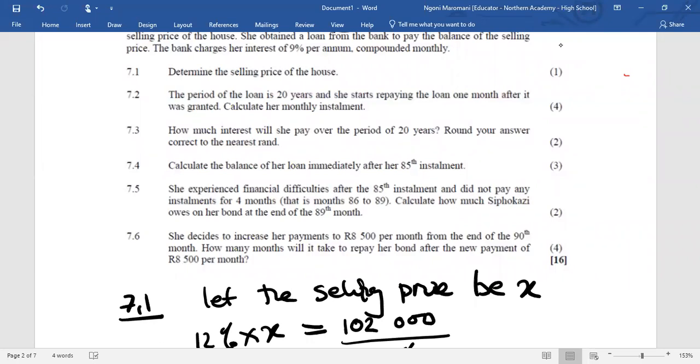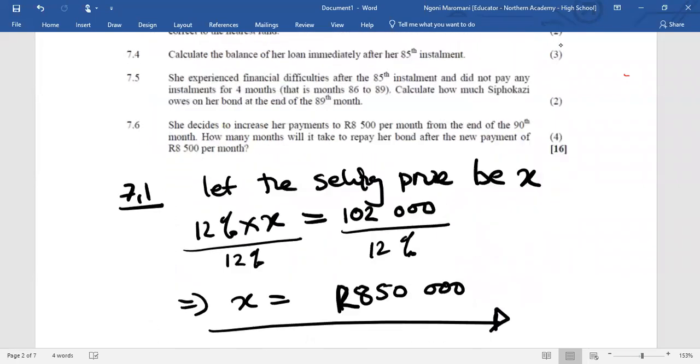If I used a different formula to find the selling price, will it be marked correct? Surely, what did you do?